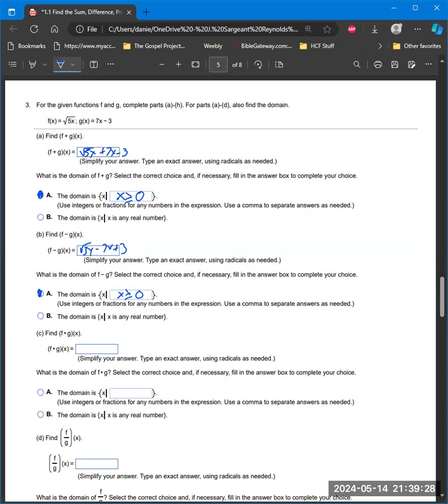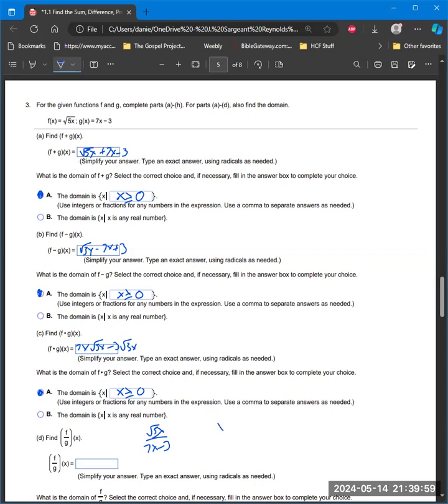f times g is going to be 7x times root 5x minus 3 times root 5x. And it's also going to be restricted that x needs to be greater than or equal to 0. And then we have root 5x over 7x minus 3, and that root 5x is going to restrict the domain, as well as that denominator.